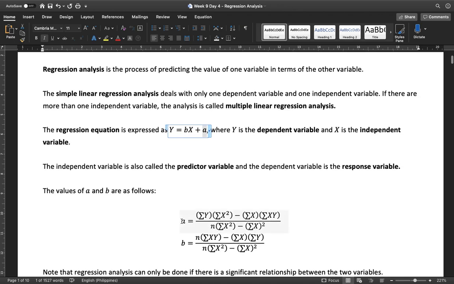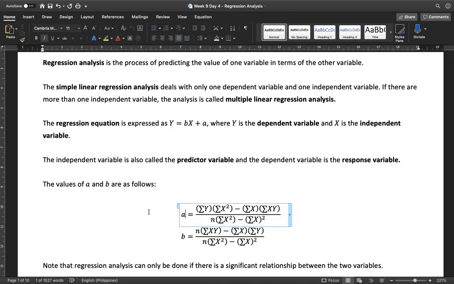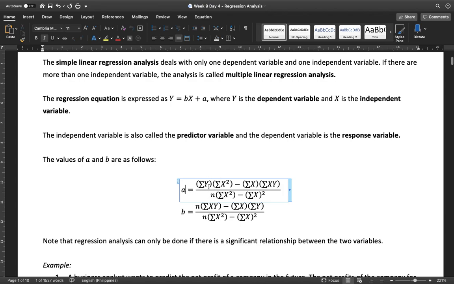We have this formula. For the intercept a, we have summation of y times summation of x squared minus summation of x times summation of xy all over n times the summation of x squared minus the square of summation of x.